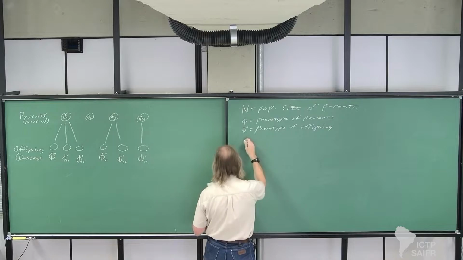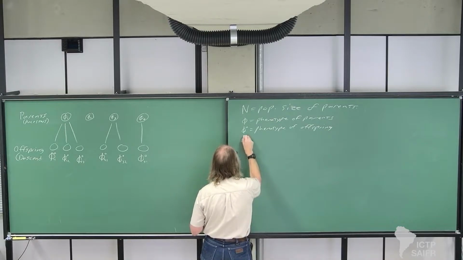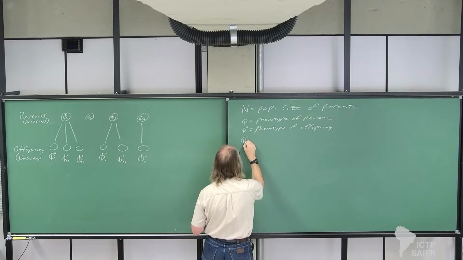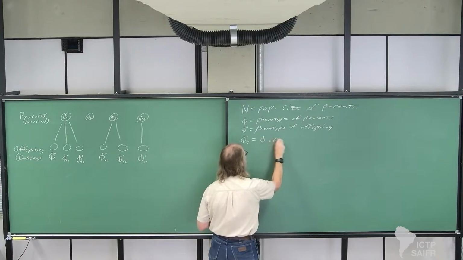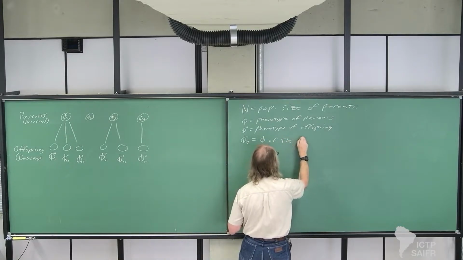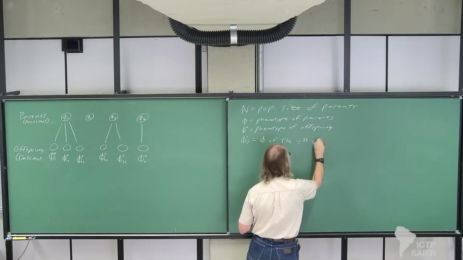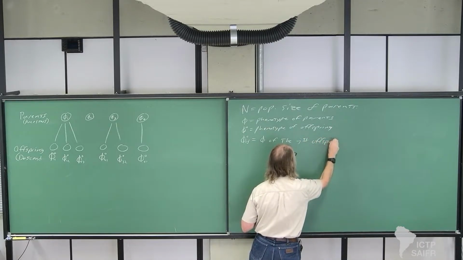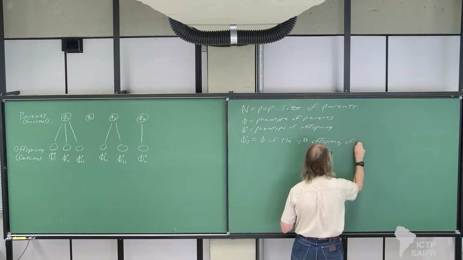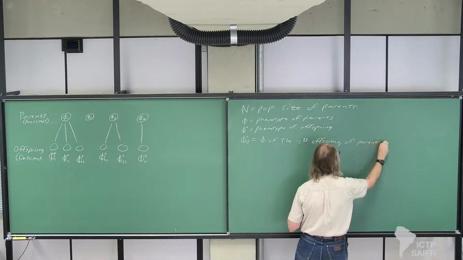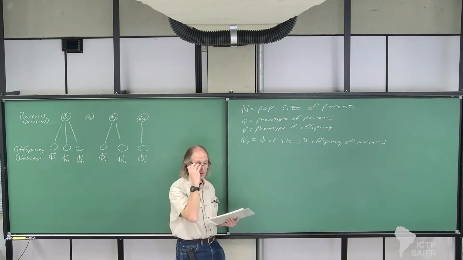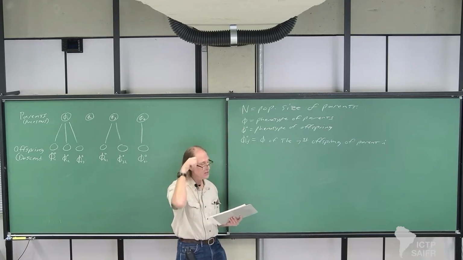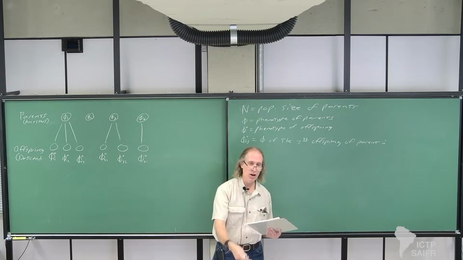I will specify phi offspring ij, I'll write it that way, is the phenotype of the jth offspring of parent i. And then, in fact, we're going to have reason to average over those, to say what's the average phenotype of the offspring of an individual.